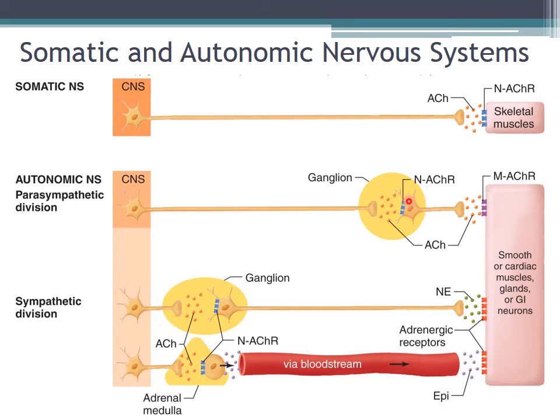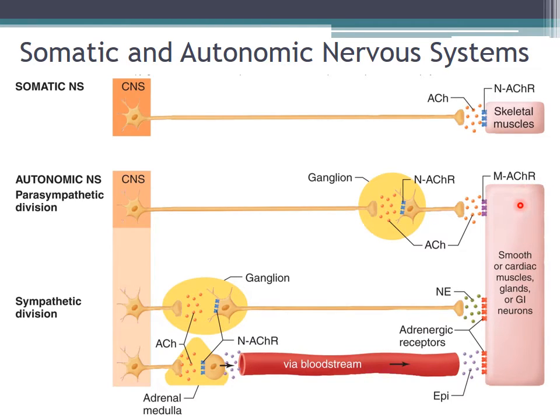So that's going to generate graded potentials in this postganglionic neuron and eventually action potentials in this postganglionic neuron. Now, when that postganglionic neuron gets to the target tissue, it will again release acetylcholine into this synapse between the postganglionic neuron here and the target tissue here.